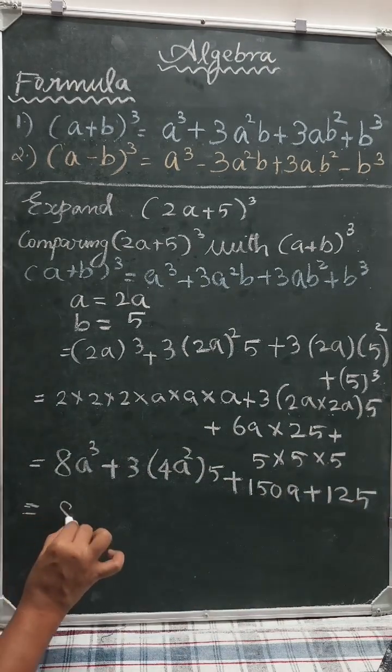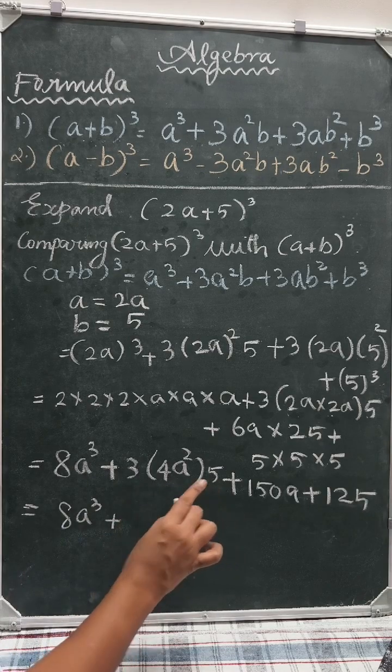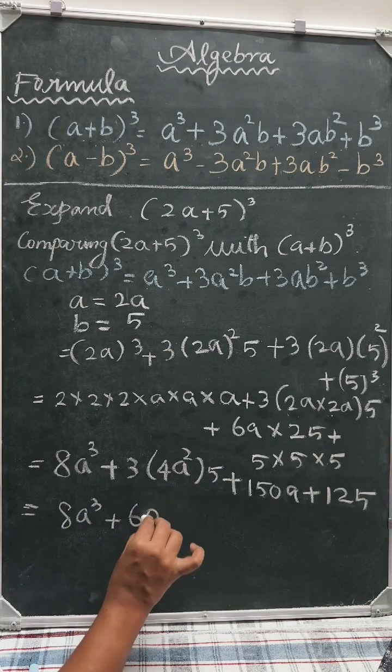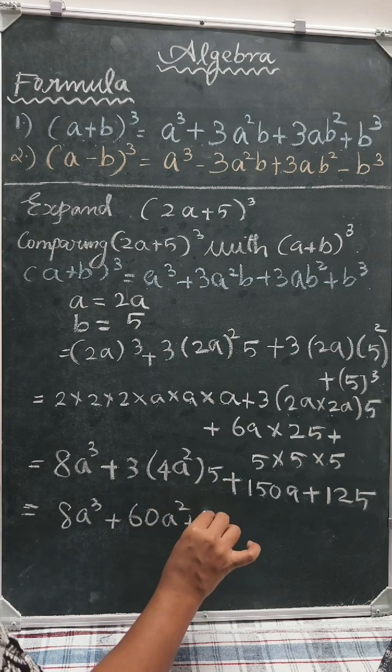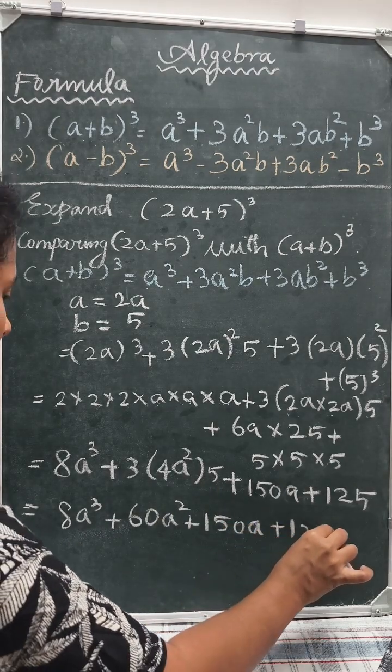This is equal to 8a³ plus 4 3s are 12, 12 into 5, 60. So 60a² plus 150a plus 125.